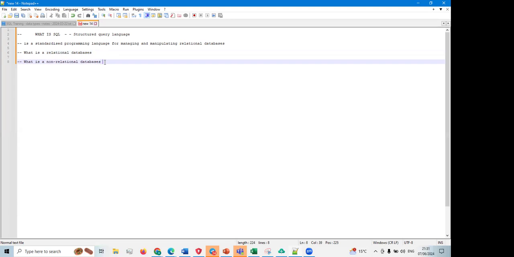Most of these non-relational databases are known as NoSQL. Another way to say NoSQL is non-ordered SQL.